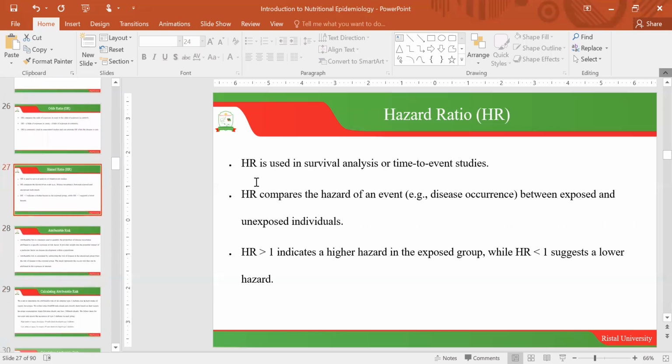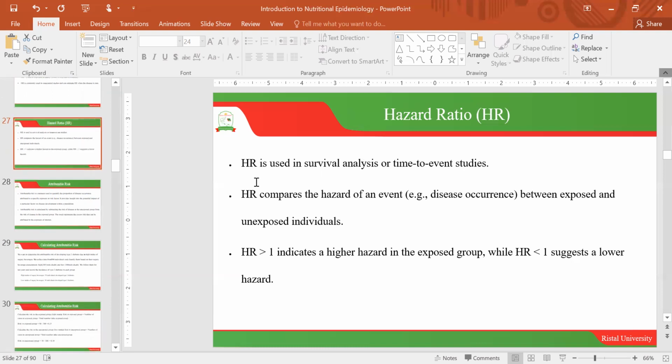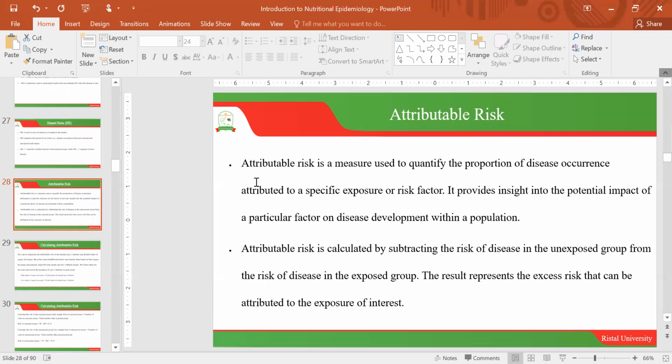And the third one that we are looking at is what we call hazard ratio, which is basically how many people are going to get a given disease after exposure to a particular hazard. Interpretation remains almost the same. Then the last one is the attributable risk, which is basically looking at what are the chances that a particular risk factor contributes to the occurrence of a particular health condition.